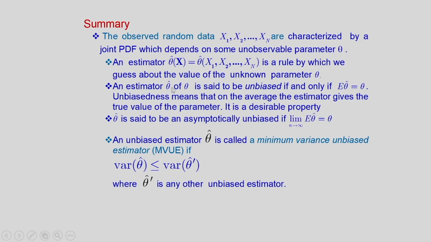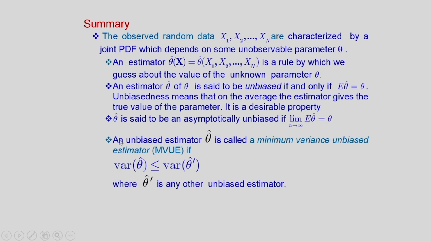An estimator theta hat of theta is said to be unbiased if and only if E of theta hat is equal to theta. Unbiasedness means that on the average the estimator gives the true value of the parameter. It is a desirable property. Theta hat is said to be asymptotically unbiased if limit of E of theta hat as n tends to infinity is equal to theta.